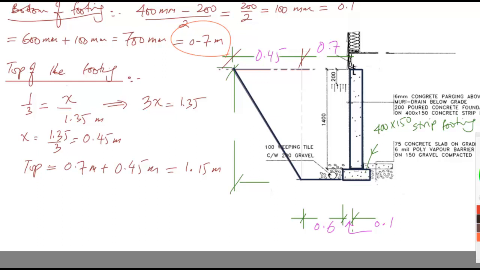So this is the other distance. So now I have the top distance and the bottom distance.